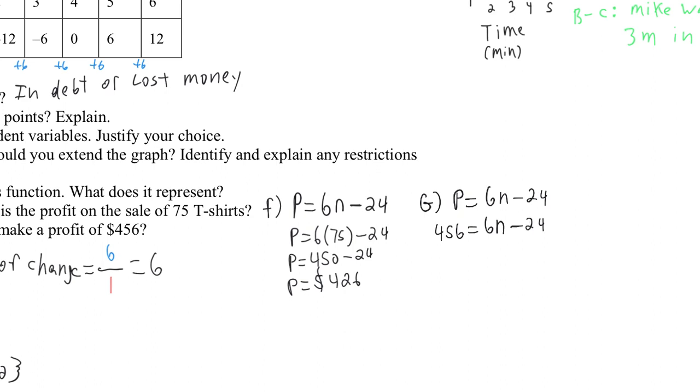So I'm going to add $24 to this side, which means I also have to add $24 to that side. That will cancel out on this side. On the other side, I have 480, and I'm left with just 6n. So I will divide this side by 6, divide that side by 6, and I wind up getting 80 equals n. And that's the last question.